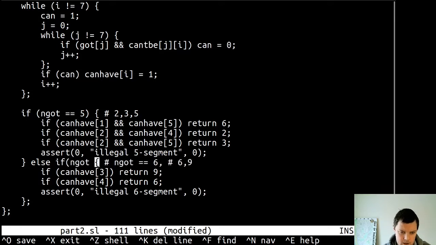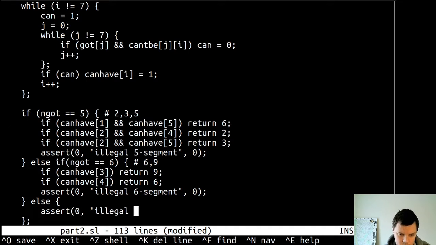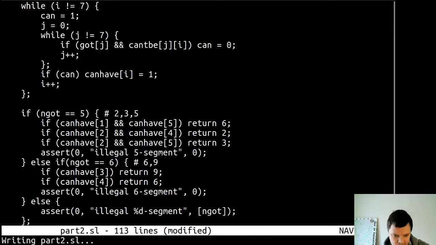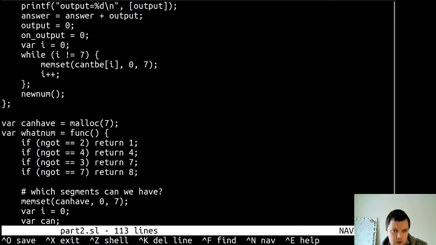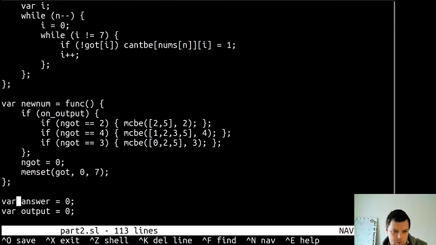So if we say ngot equals 6, otherwise... but why would ngot be wrong? On new num we should be resetting ngot to 0, shouldn't we? Which we are.